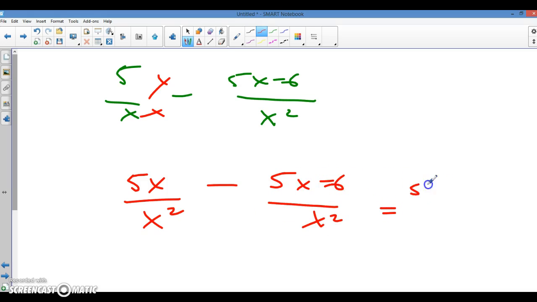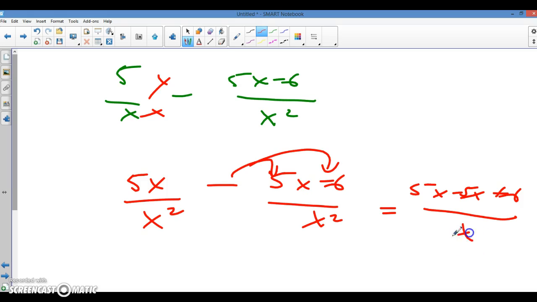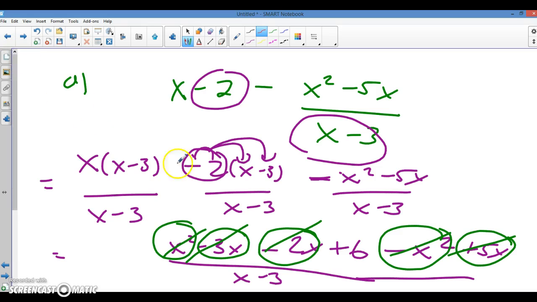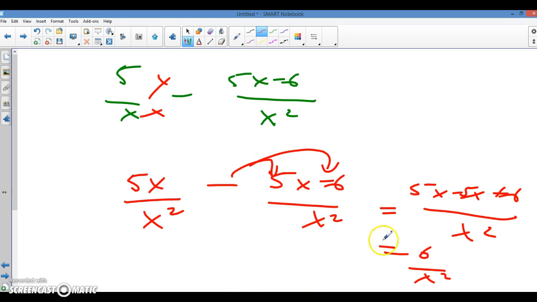This is 5x minus 5x plus 6 over x squared. So I end up with 6 over x squared. Okay, and so here, this was not the completed left side. You'll finish the left side, and then you end up with something equal to 6 over x squared.